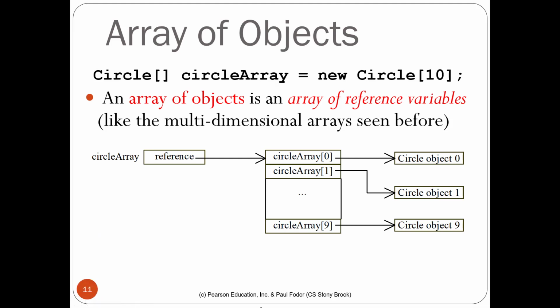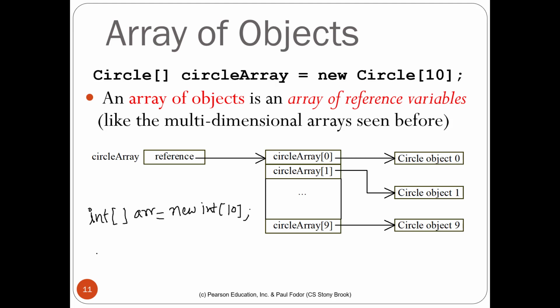Till now we have been doing something like this. We did int, let me keep it very simple, and you said arr is equal to new int 10. So this is something we have been already doing.